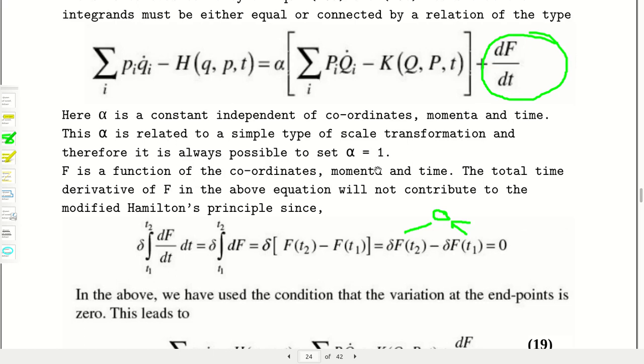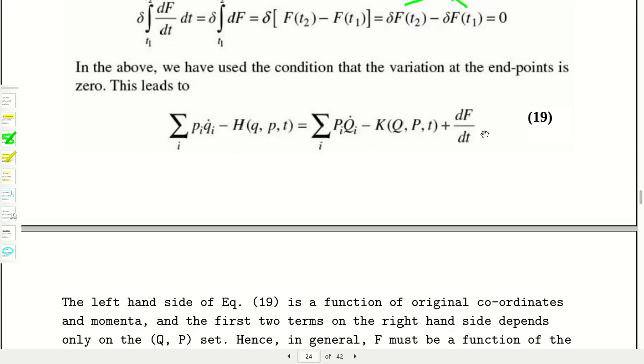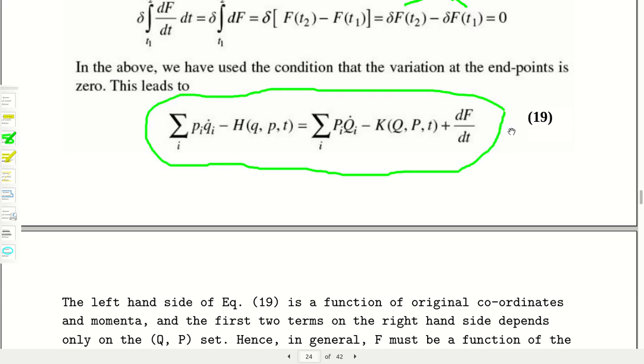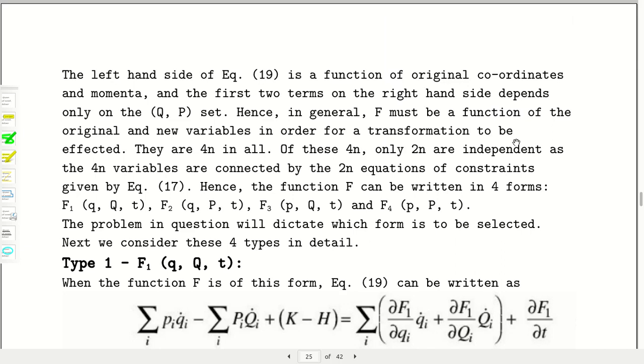So we set alpha equal to 1 for the rest of our talk. So alpha is 1 here, and the complete equation 19 is the relation between the old Hamiltonian and new Hamiltonian, and the old coordinate and the new coordinate. This equation is so vital. It's the most valuable equation of our present class. So remember this.